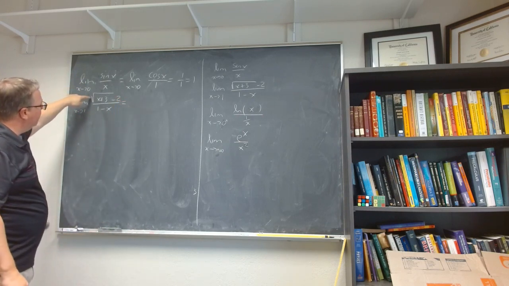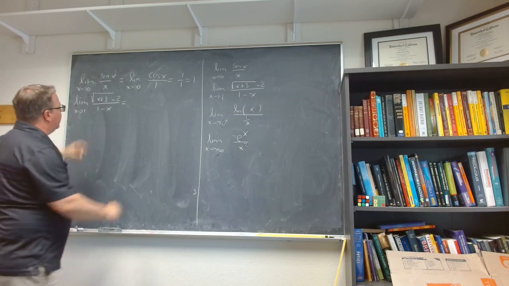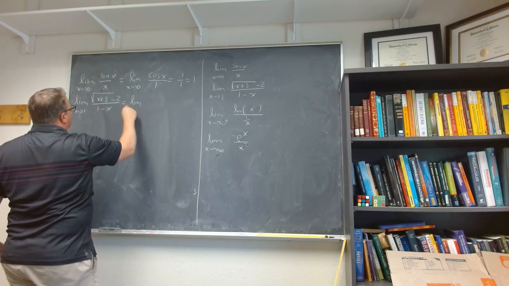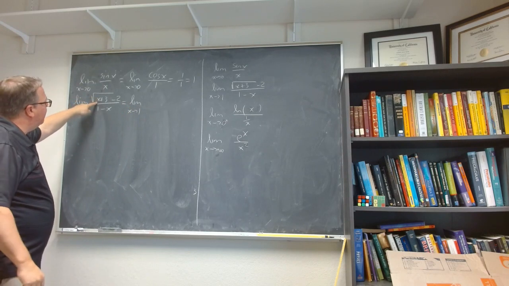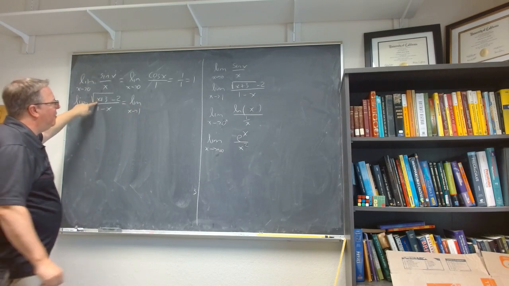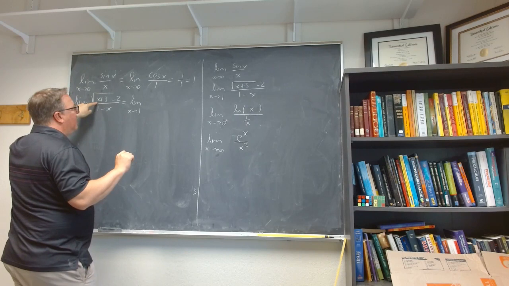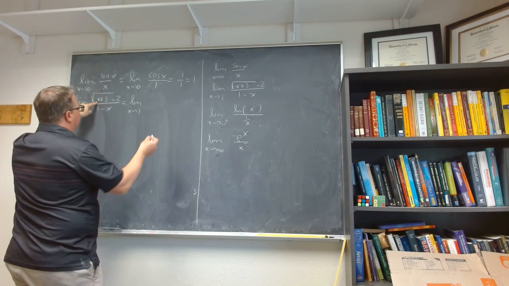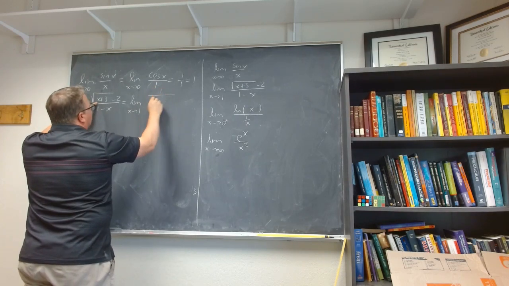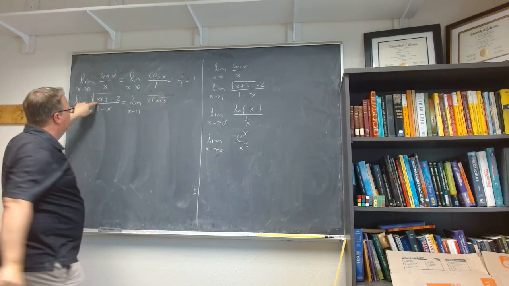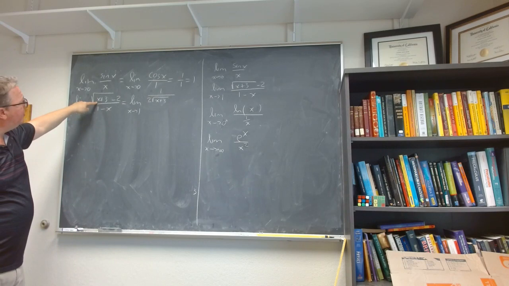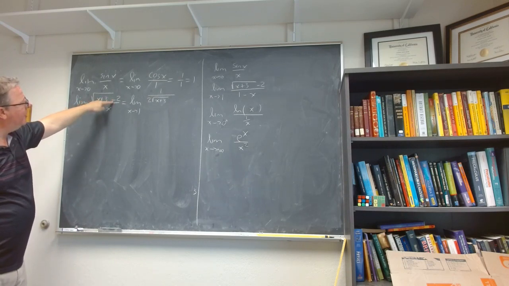Again, we have something of the form 0 over 0, so we're allowed to use it. We're going to still look as x approaches 1. This time, the derivative of the top. What's the derivative of square root? Oh, it's 1 over twice the square root. So 1 over 2 times the square root of x plus 3. And this is just fine because the derivative of negative 2 is 0.